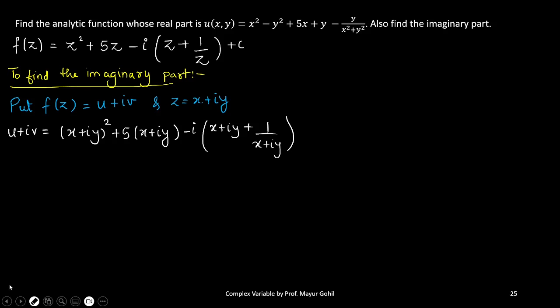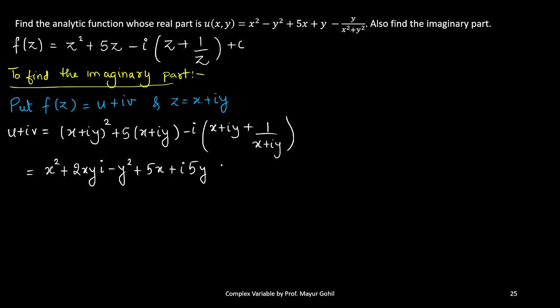Now let us do the simplification. So this is x square plus 2xyi minus y square, because I square y square, I square is minus 1, so that's going to be minus y square. And then there is 5x plus I times 5y.